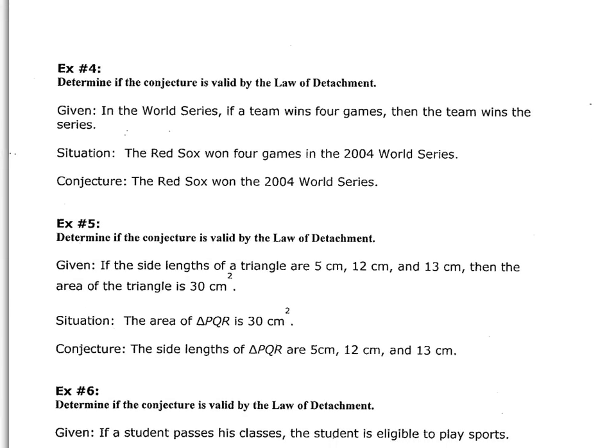Okay, so we have some examples here, and we want to decide if the different examples are true by the law of detachment. Okay, so it says that you're given in the World Series, if a team wins 4 games, then the team wins the series. Okay, so that's what we're given. And our situation says the Red Sox won 4 games in the 2004 World Series.